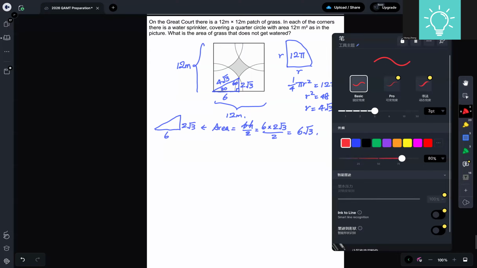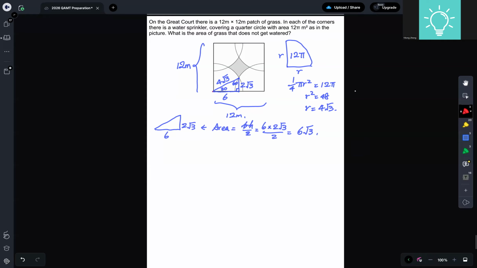Now, I'm going to draw in this sector here. This sector that looks like this is 30 degrees. And this is R, which is 4 square root of 3. What's the area of that?